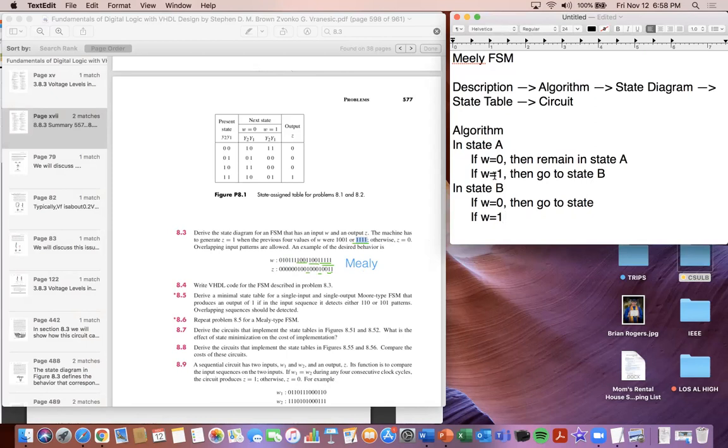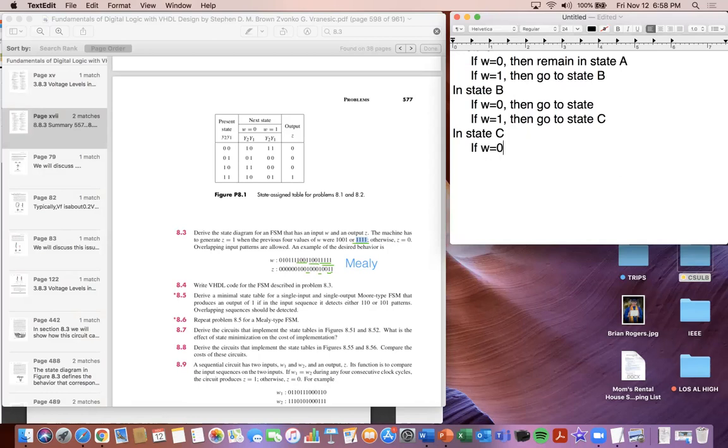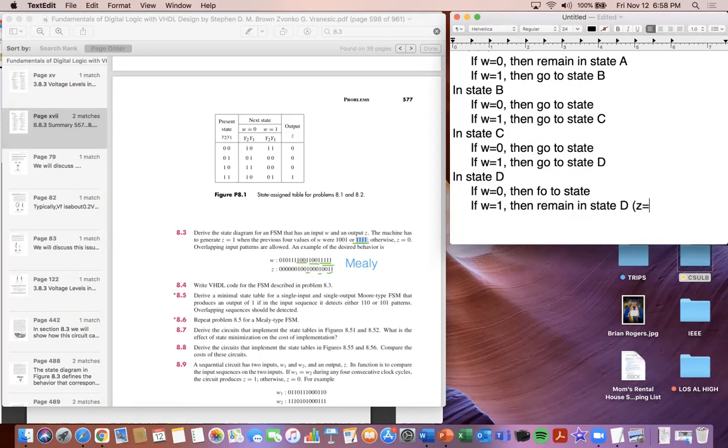If W is equal to 1, so we had a first one, then we had a second one, going off this one, then go to state C. In state C, if W is equal to 0, then go to state, not going to fill that out right now, but if W is equal to 1, that's the third one in a row, then go to state D. In state D, if W is equal to 0, then go to state, not going to fill that out right now, but if W equals 1, that's the 4th time in a row, then remain in state D, and Z is equal to 1.